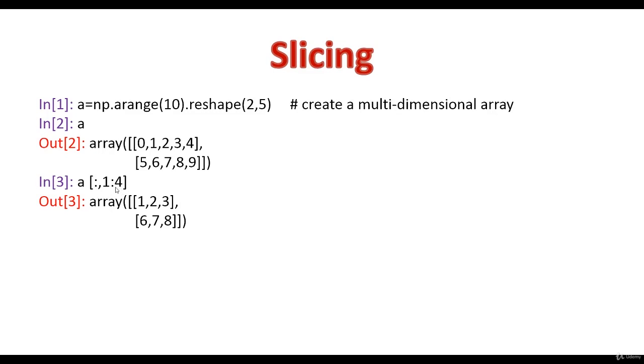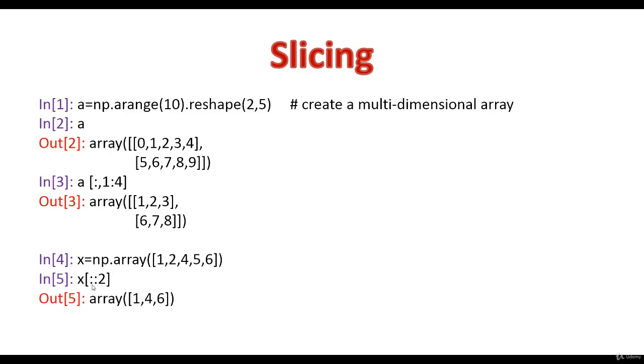Now we know that when slicing, the end index is not included, it is exclusive. So it is selecting from the first column, that is 0, 1, 2, 3. It will go up to 3. So the second to third columns are selected and all rows are selected.